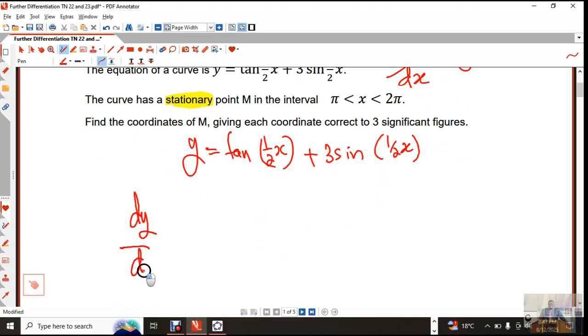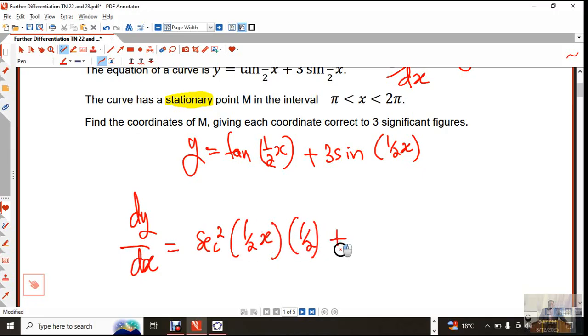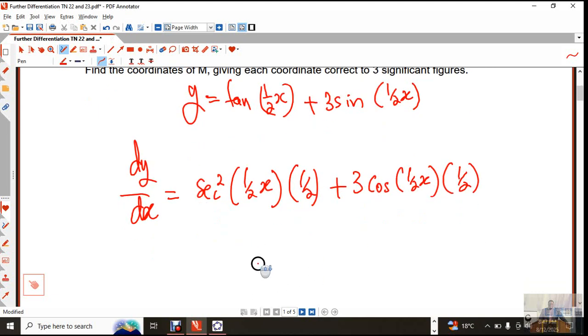So dy by dx, that's going to be the derivative of tangent, which is sec square, then you find the derivative of the inside, which is just a half, plus the derivative of sine, which is cos of a half of x, times the derivative of the inside, which is a half. So the calculus is done.